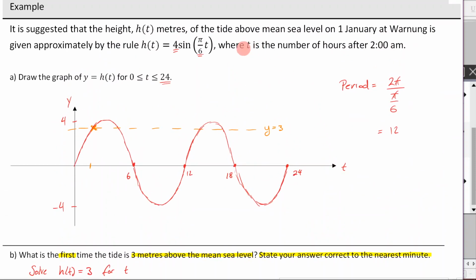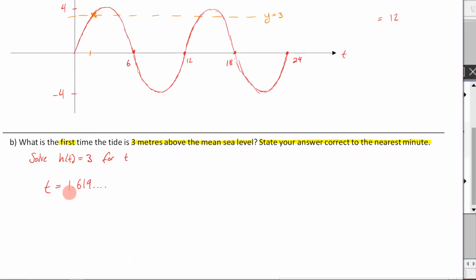Remember that t is the number of hours after 2 a.m. So what is this in actual hours here? Well, this one means it's 1 hour. And then to figure out the minutes, I'm going to have to go 0.619 times that by 60 minutes to figure out what the minutes is going to be here.